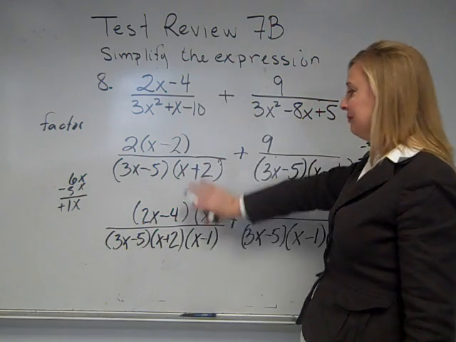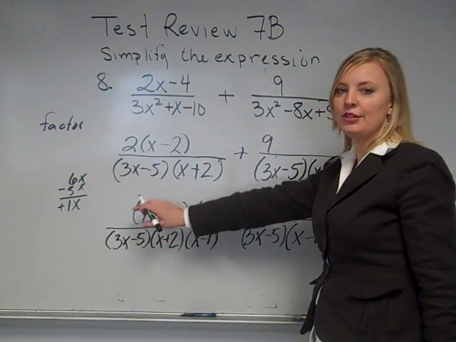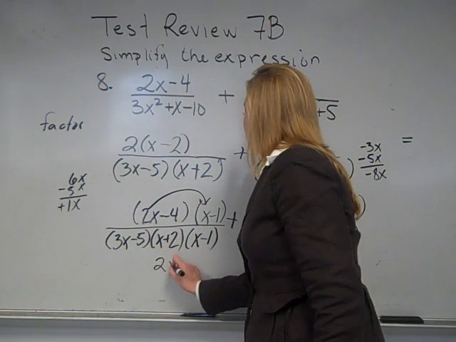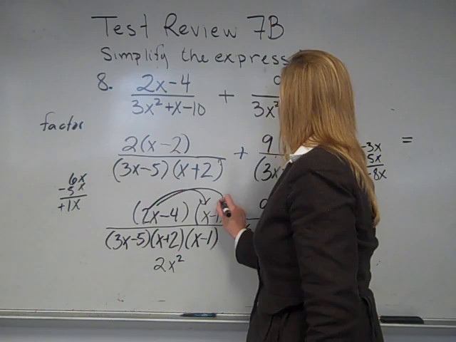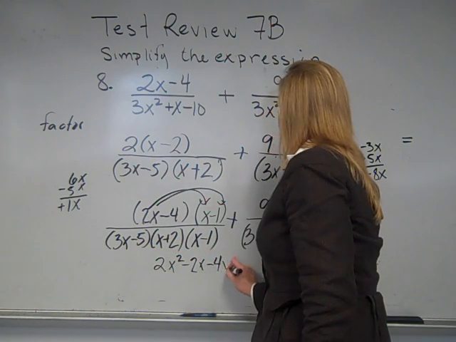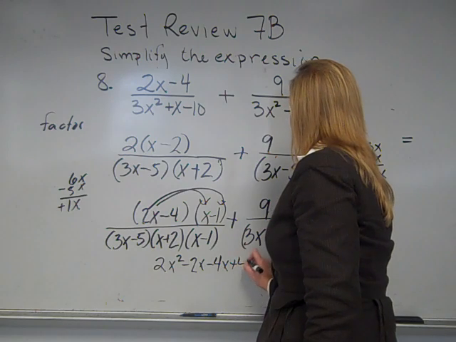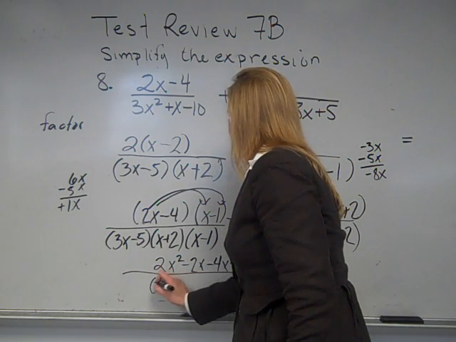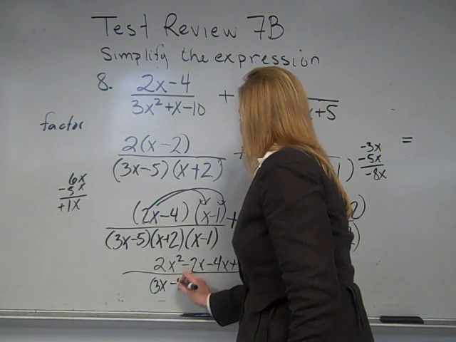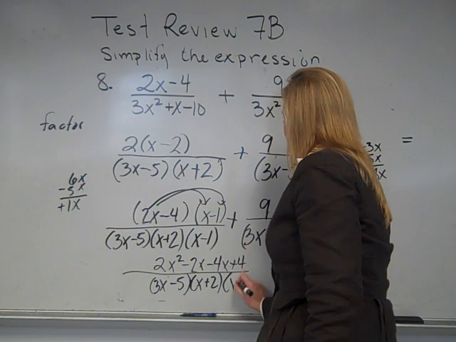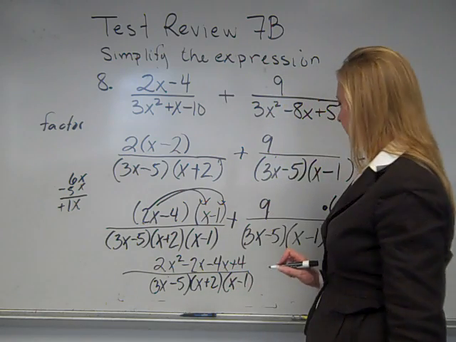I tried it, it didn't save me any work, I multiplied it back out, so now I can multiply 2x squared minus 2x minus 4x plus 4 all over 3x minus 5 times x plus 2 times x minus 1.